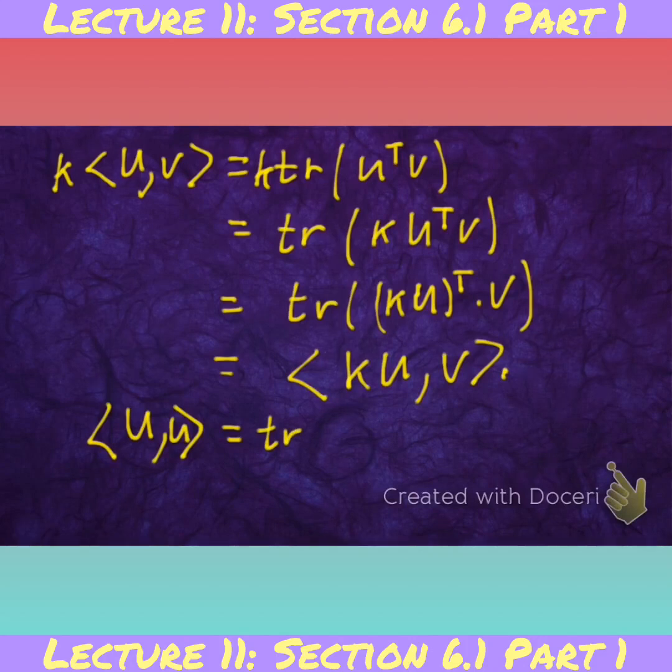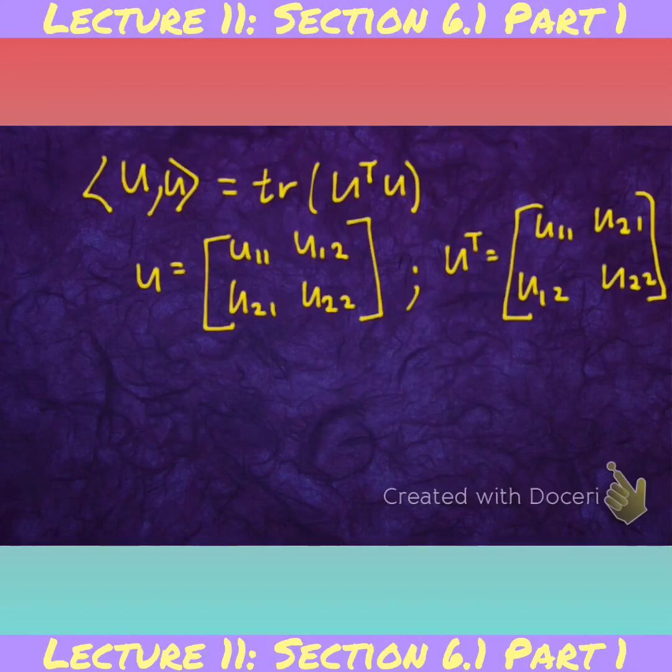That's going to be the trace of U's transpose with U, and we just need to make sure that that in fact is bigger than or equal to 0. So there we've got the transpose, and so let's just multiply this matrix out and see what we get.